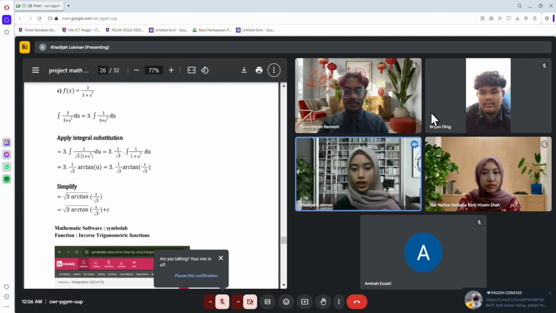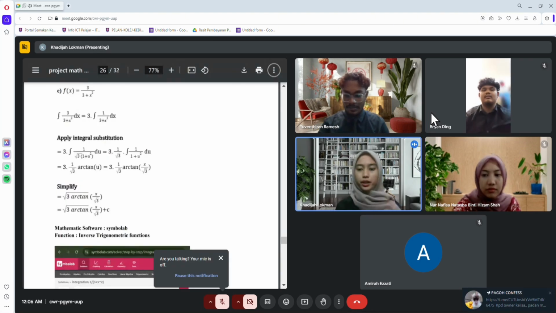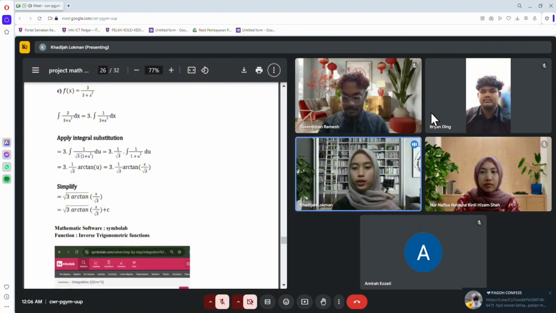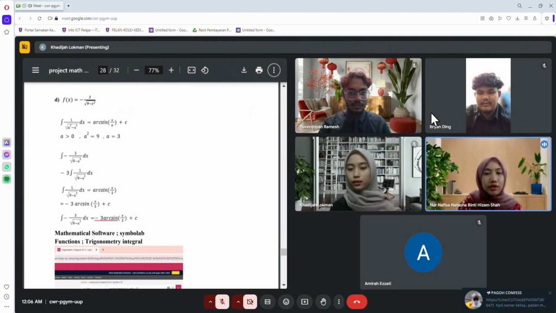So this question involves finding the integral of 3 divided by 3 plus x squared with respect to x, apply integral substitution and simplify it. And then we get the square root of 3 times arctan of x divided by the square root of 3 plus c. Okay, so we use mathematics software Symbolab, and the function is inverse trigonometric functions. In this part, we solve the integral of negative 3 divided by the square root of 9 minus x squared.